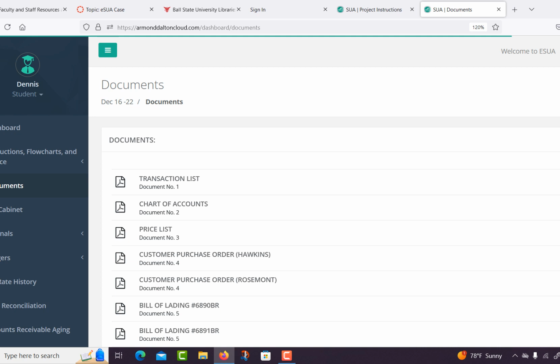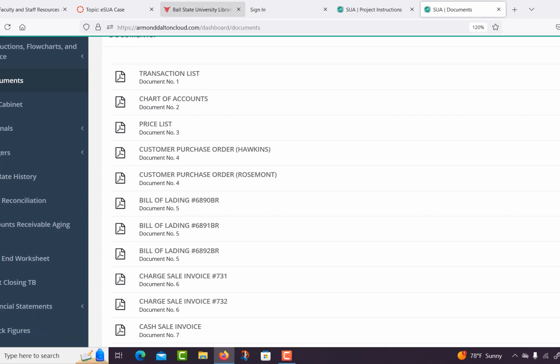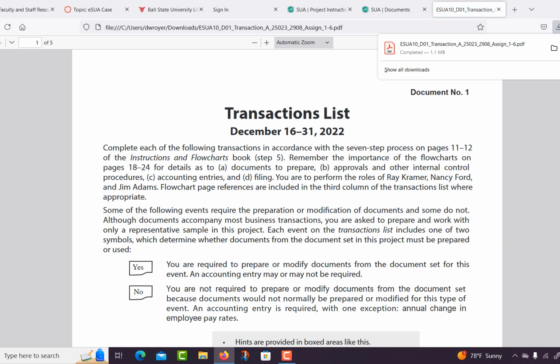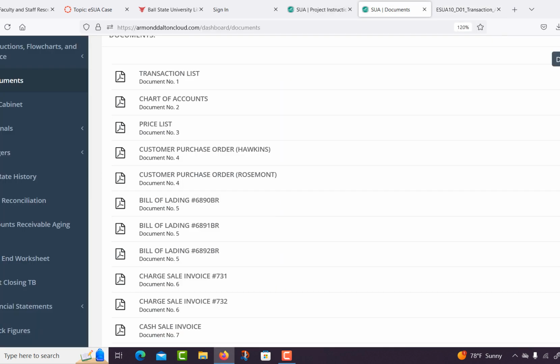So the document list is here. Now, again, with the transaction list, you can download it, and I would recommend that you do. It's a PDF file, and when you download it, it could go to your browser like mine did, or to a PDF, and you can save it on your computer. The other one that's like that is this price list.